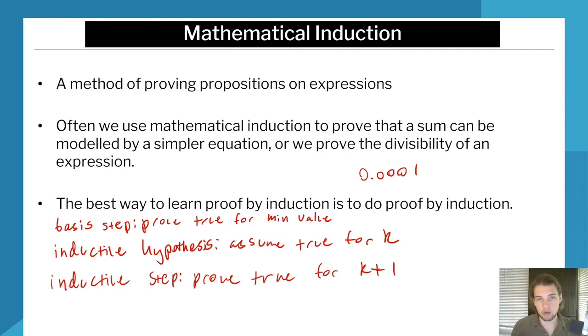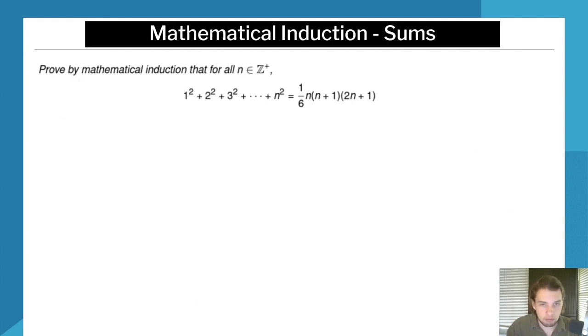Let's say it's 0. That means if it's true for k equals 0, then it's true for k plus 1. So then it's true for 1. Now if it's true for 1, we then know if true for k, it's true for k plus 1. So now it's true for 2. And it sort of recursively proves itself as we move up. And that's what mathematical induction is. So we're going to get an understanding of what all that means by actually doing mathematical induction.